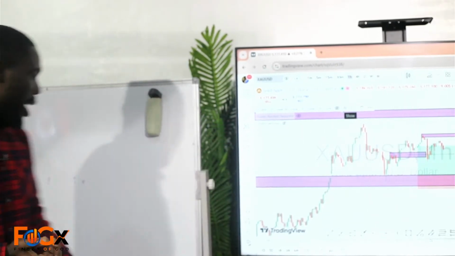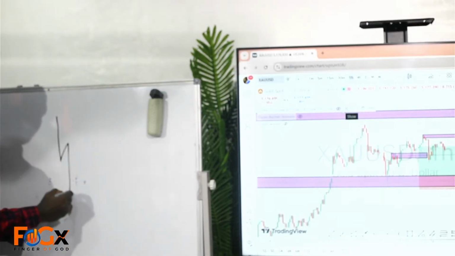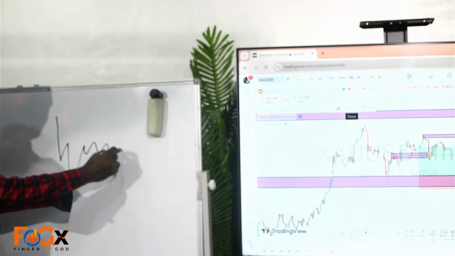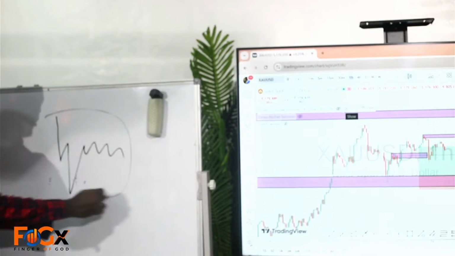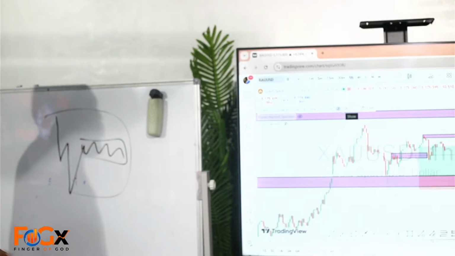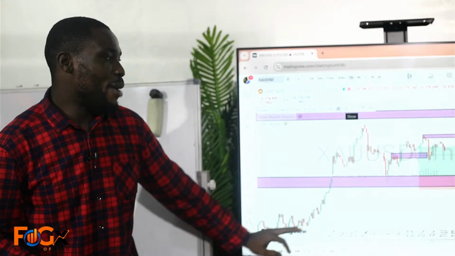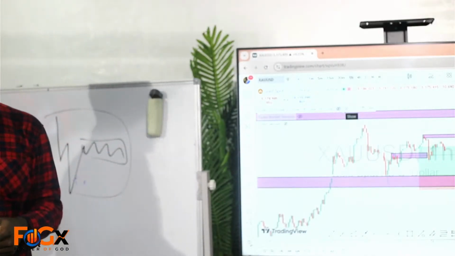I don't know if you are seeing what I'm saying. Price came back into that range, so this is a range. Do you understand? But if you look at it from a bigger point of view, we are seeing a bullish trend.